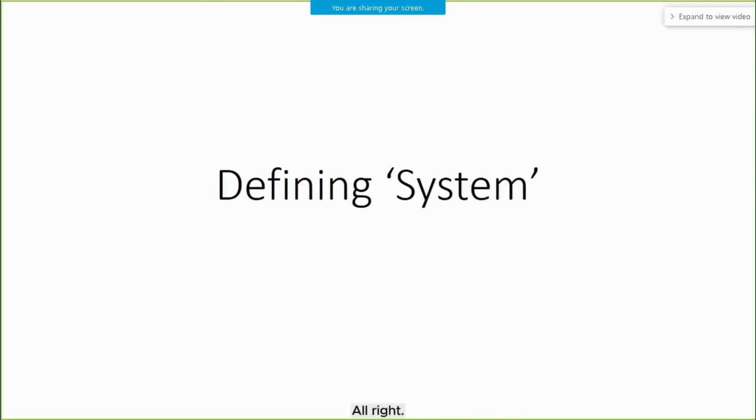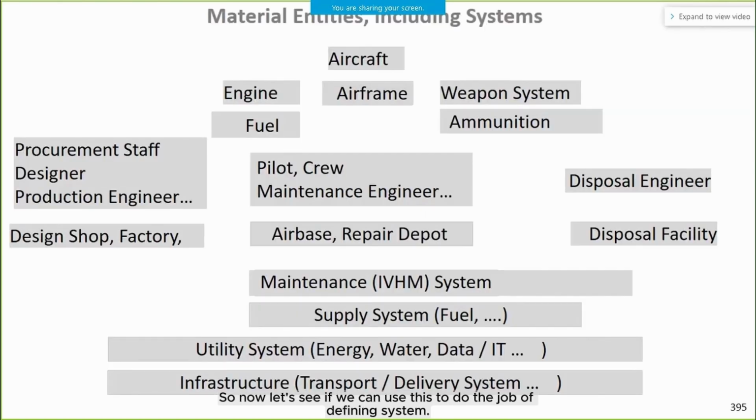All right. So now let's see if we can use this to do the job of defining system. So only some of the things here are properly called systems, although the whole of what is here, I think, might properly be said to represent parts of one single system with subsystems as parts.